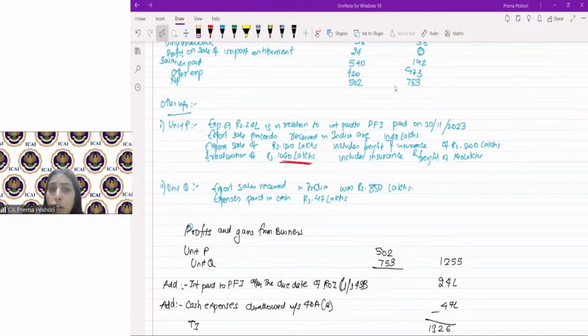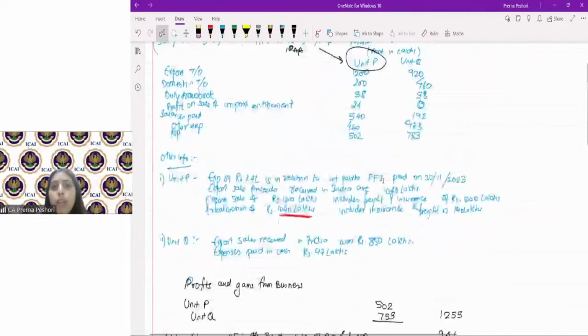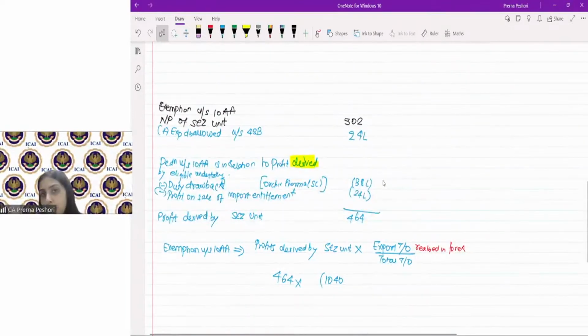So the export turnover will not include any freight, telecommunication charges, or the insurance charges. So I will reduce this particular 140 lakhs from the export turnover, right? So this will give me the export turnover of 900. Are we clear? Export turnover of 900.